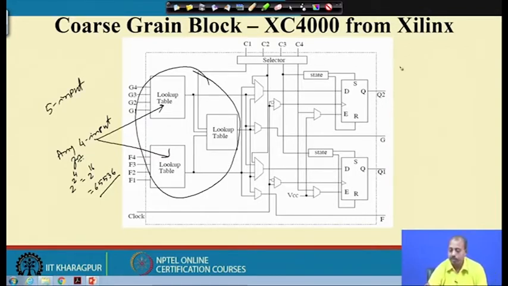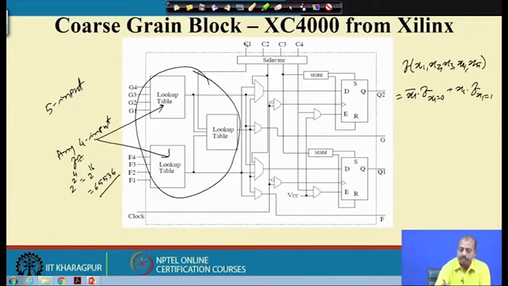If I have a 5 input Boolean function f of x1, x2, x3, x4, x5, we know that by Shannon decomposition, I can write it as x1 bar into f of x1 equal to 0 plus x1 into f of x1 equal to 1.